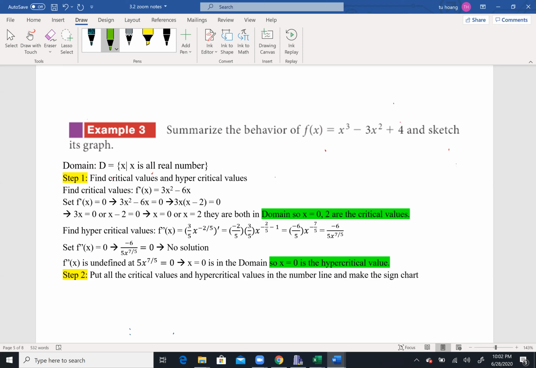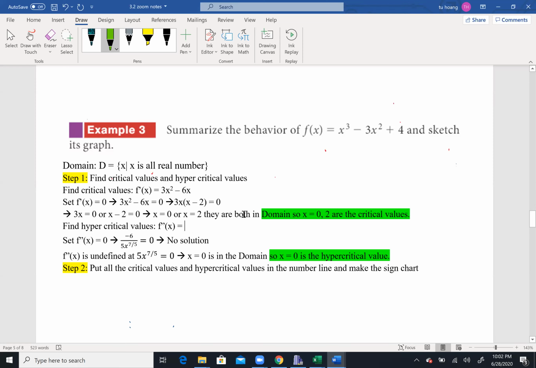And now for the hypercritical values, I'm gonna take the derivative of f'(x). Which means take the derivative of f'(x). Then you will have what? Now I have 6.